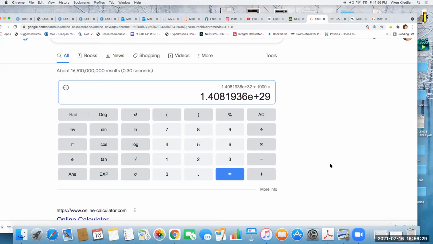And what would the units of that be? Well, it'd be arc second squared times mass of sun.